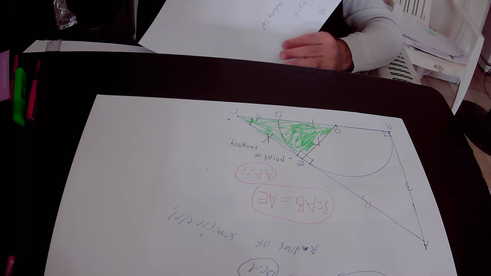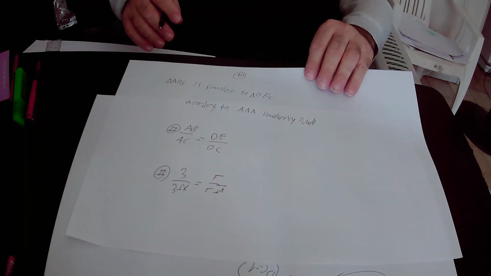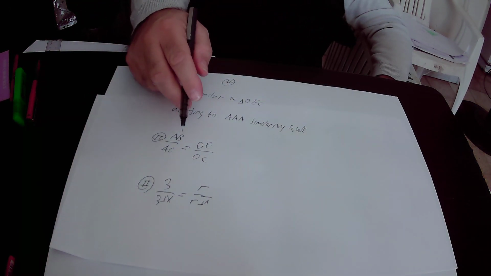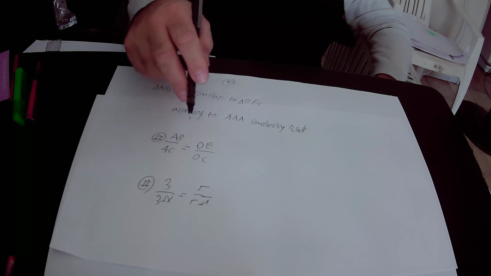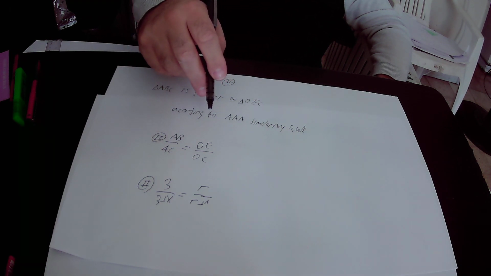So, in total, we found that according to equation number 2, 3 over 3 plus X equals R over R plus 1.